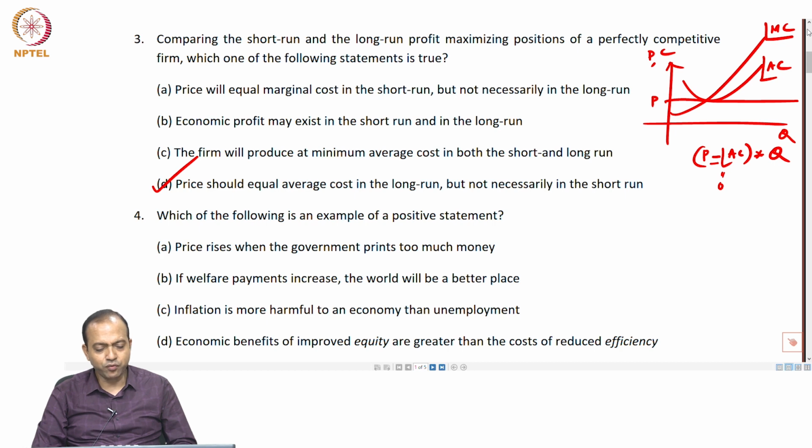Inflation is more harmful to an economy than unemployment. This is also a statement with value judgment, because it depends on the context whether inflation is more harmful than unemployment. There is no economic theory; this is not explaining the world. Economic benefits of improved equity are greater than the cost of reduced efficiency.